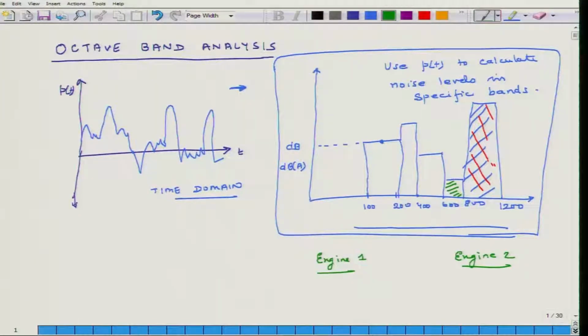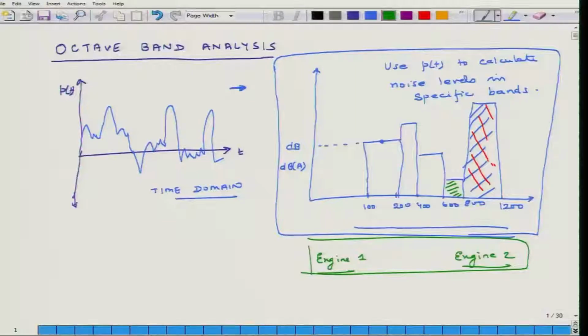So, based on these plots, data is interpreted and noise levels for different machines or similar machines are compared. Then based on that you can make an assessment: this particular machine is better in terms of noise production compared to a machine from some other company. So, two important uses.